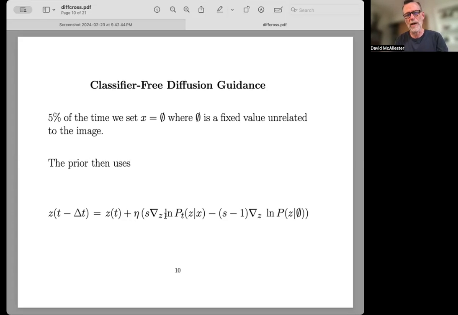And it works quite well where this S is large. Here, they formulated this with the S being greater than or equal to 1. So if it's equal to 1, this term goes away, and you get the pure conditional model. As it increases to infinity, these two terms are balanced, and that tends to work fairly well.